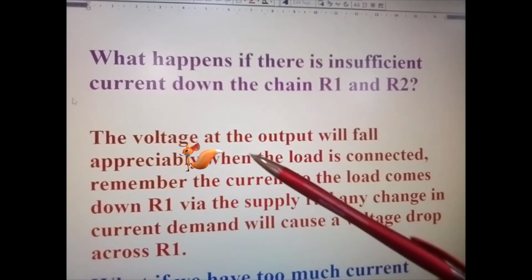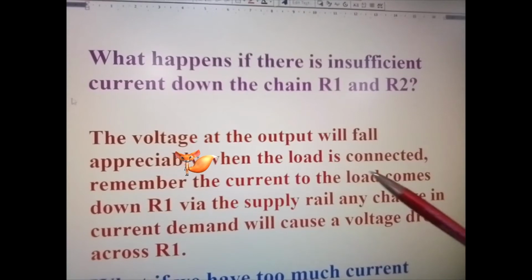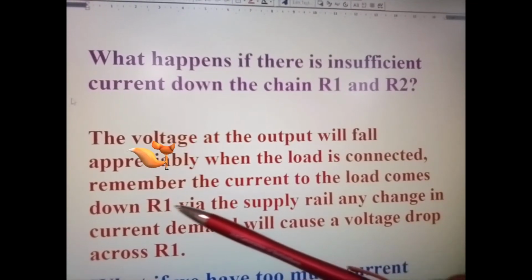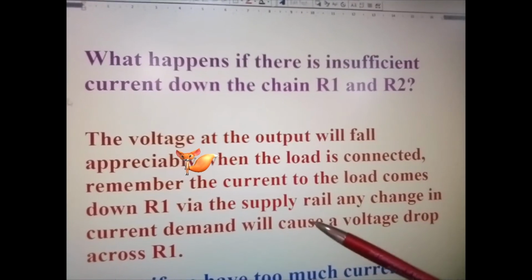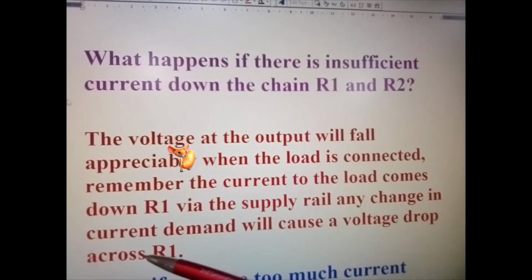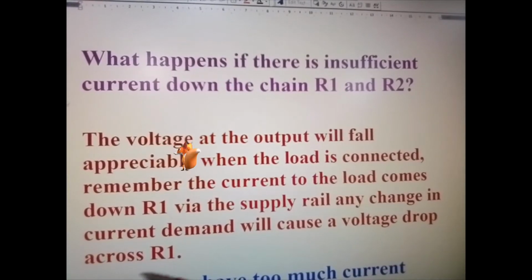Any change in current demand will cause a voltage drop across R1.